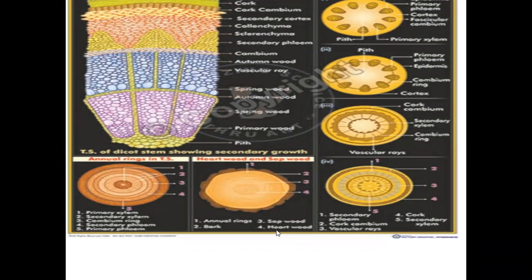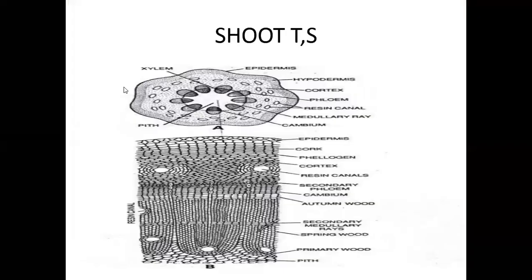Heartwood is not suitable for the translocation of water and minerals. Only sapwood is suitable for the translocation of water and minerals. During this, new tissues are developed and occupy the lower space, and by these new tissues pressure is exerted on the outer cortex.